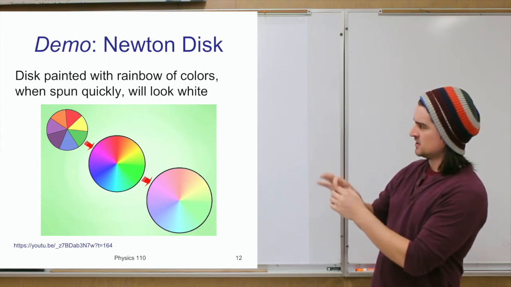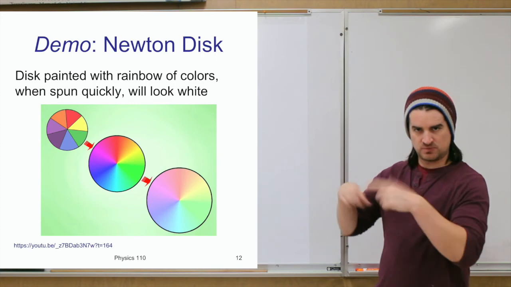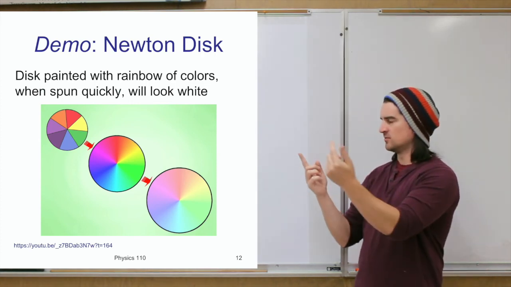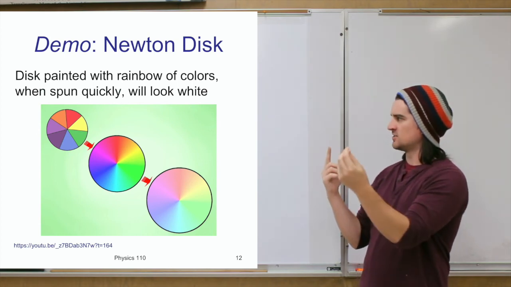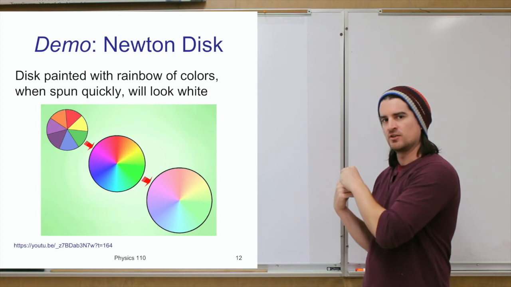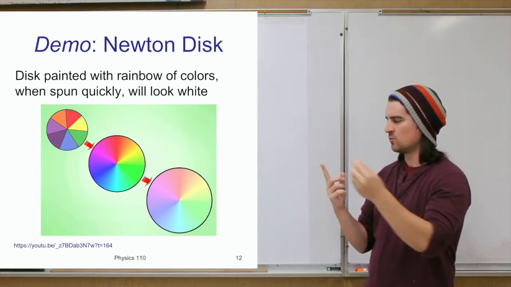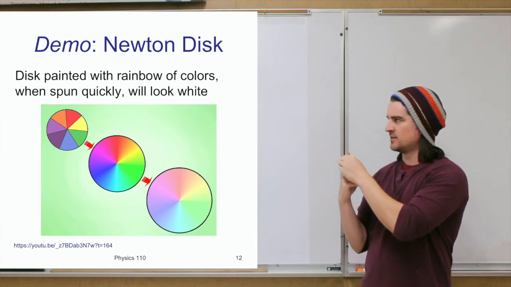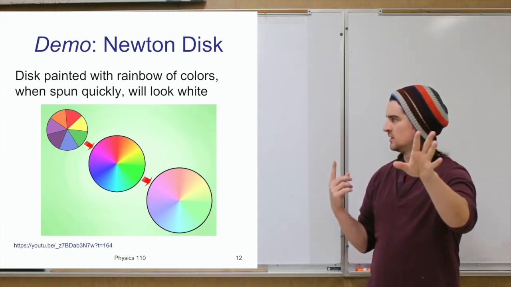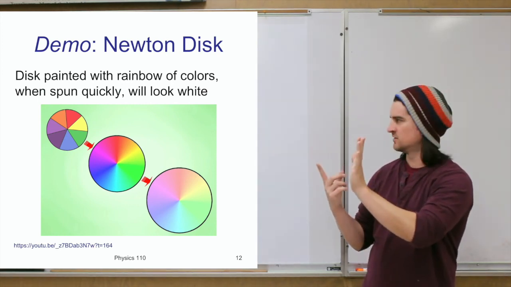In the red area, that area is red because it's absorbing all the other wavelengths of light and reflecting the red ones. So white light hits that red area, and red light comes back off. And similar things happen in all the other sections of the disk.